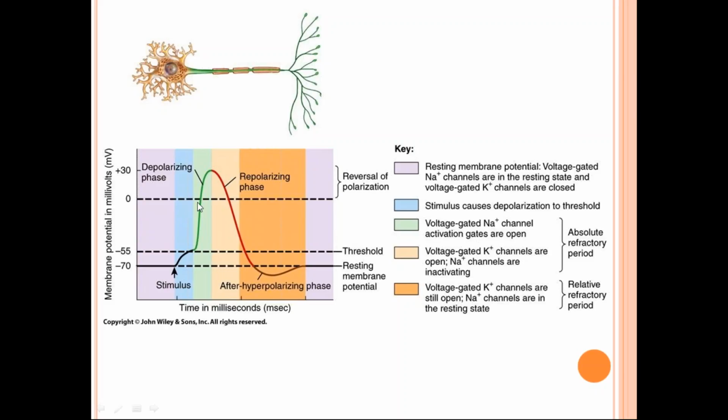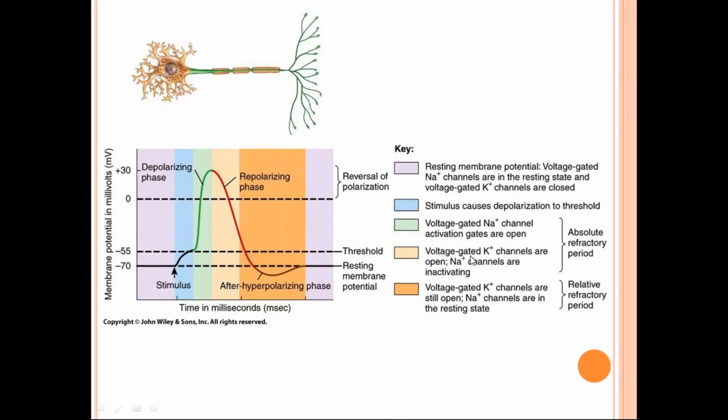So that's what's happening here. They're all opening. Then at the top of the curve, the inactivation gates stop that from happening now. No more sodium can rush in. Close that second door, stop them from rushing in.